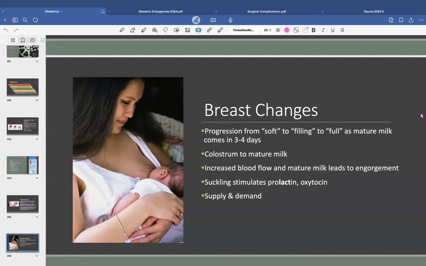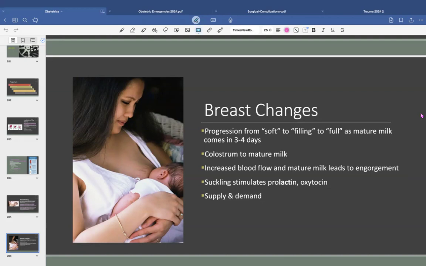And then it will mature to milk. Increased blood flow and mature milk lead to engorgement. So women will say, I'm engorged, but the breasts feel completely full and solid, and they have to pump or feed the baby.